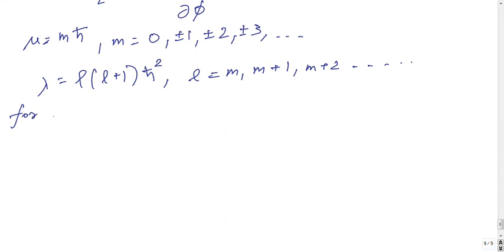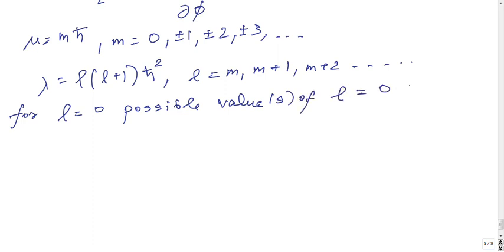It means that, for example, if l is 0, the possible value of m would be 0 and nothing else, and for l equal to 1, the possible values of m would be 0, minus 1 and 1.